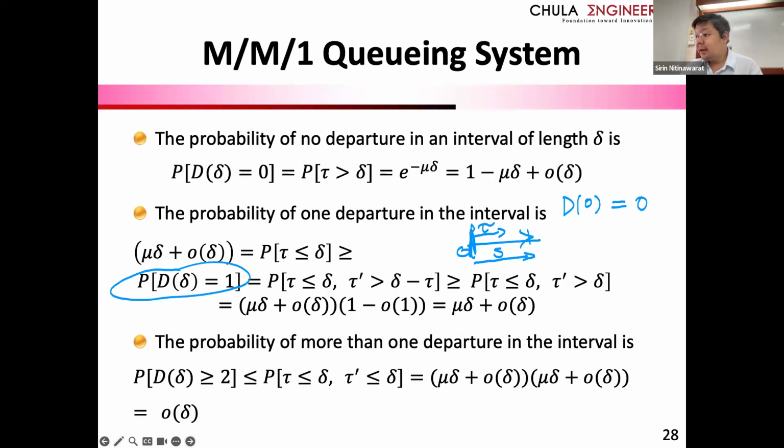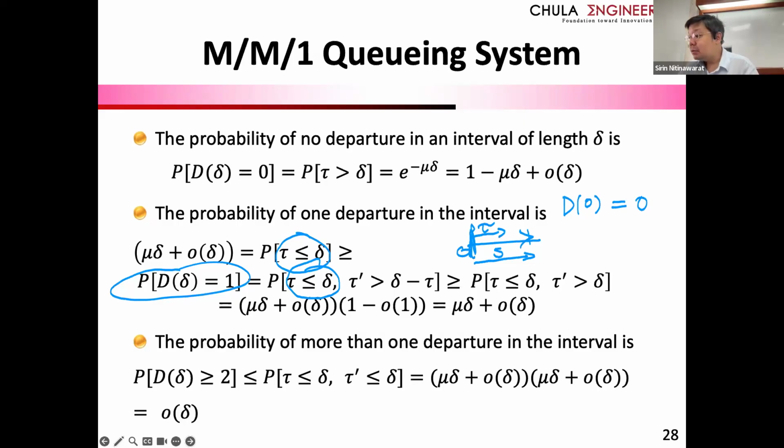Tau has to be less than or equal to delta, because if tau is larger than delta, the current customer will stay at the server for the entire delta seconds, so the next customer cannot come in. So if D is equal to 1, for sure this holds, but it's not the other way around, because I know that D is exactly equal to 1 and not more than 1. What else do I know?